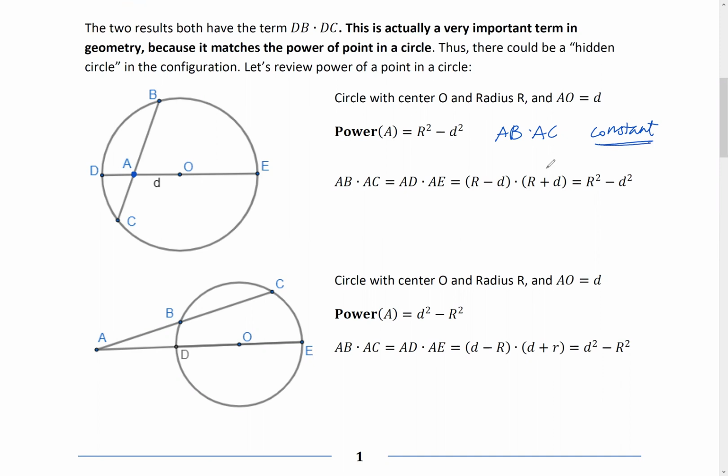But what is the value of this constant? It equals R squared minus D squared, where D is AO, the distance from this point to the center.